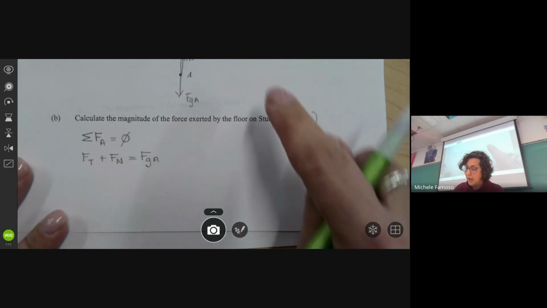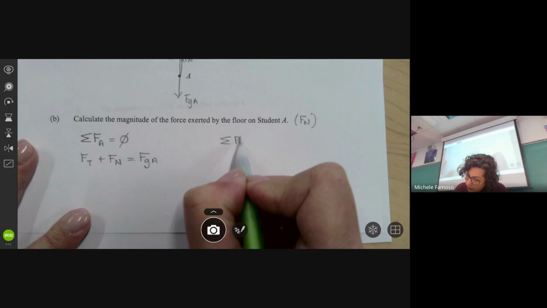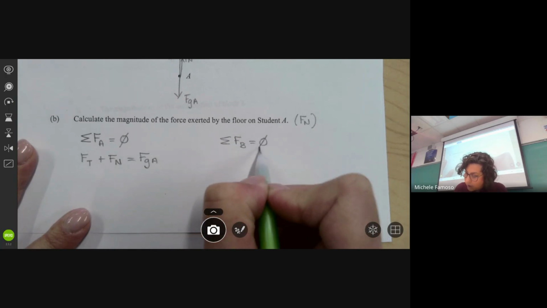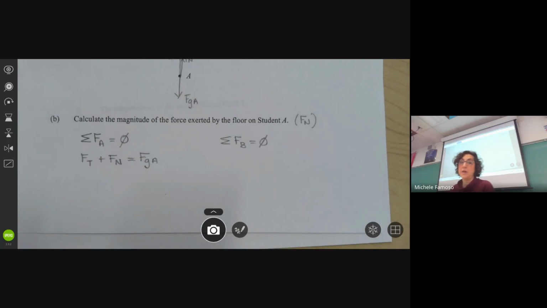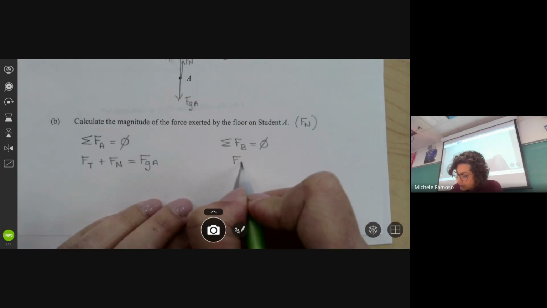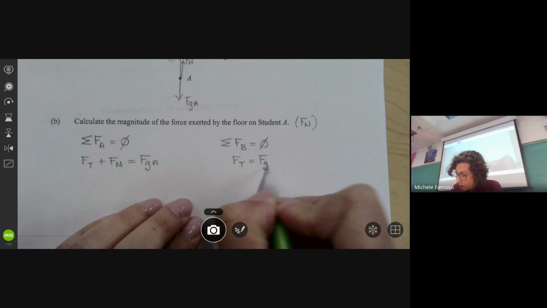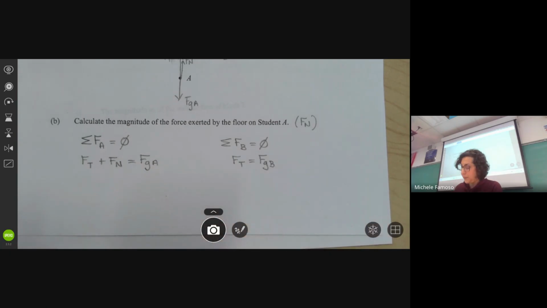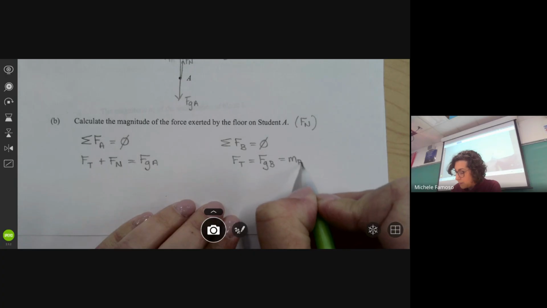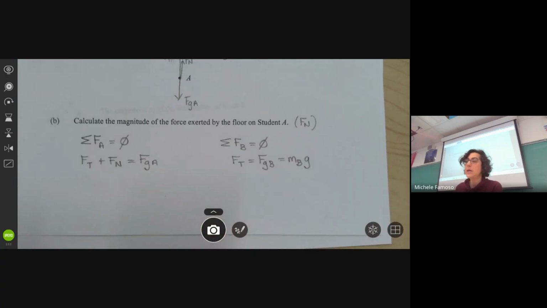The way you're going to do that is by now looking at student B, which is also at rest and therefore has no net force. That means the tension must equal the weight of student B, which is found by doing the mass of student B times gravity.